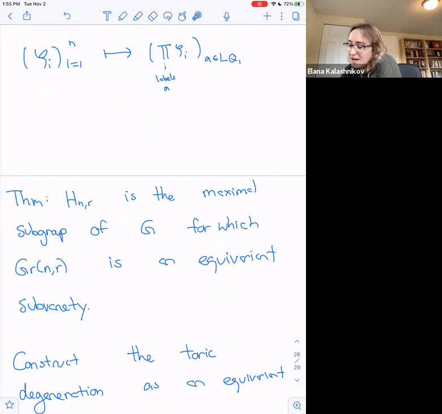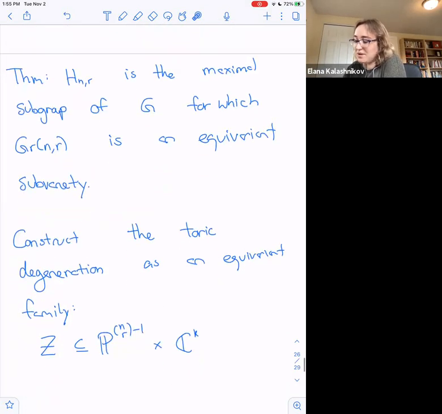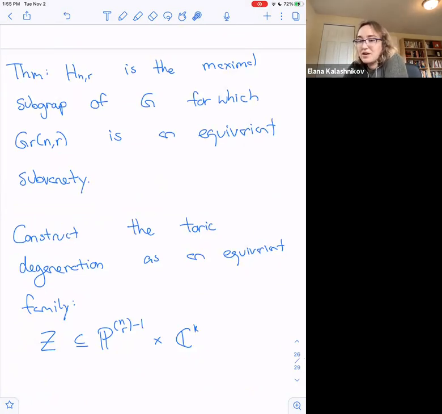G is quite complicated in its action on X_PNR. But if you just look at the maximal subgroup of G for which the Grassmannian is the equivariant subvariety, H_NR just falls out of the sky. And so this is the first step towards showing the main result that I talked about at the beginning.